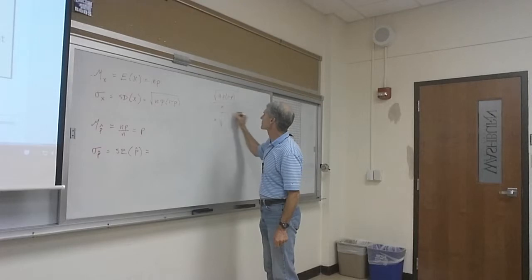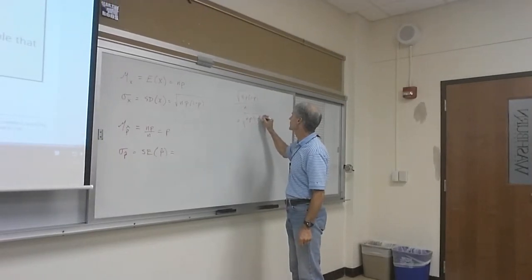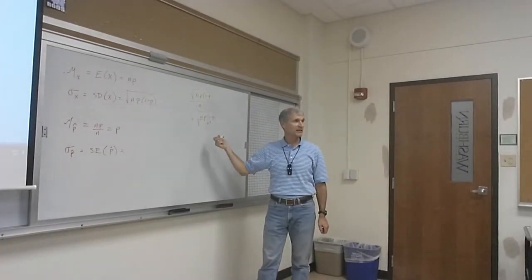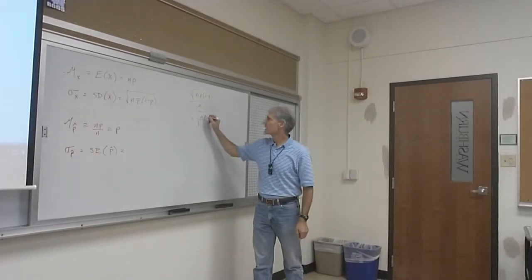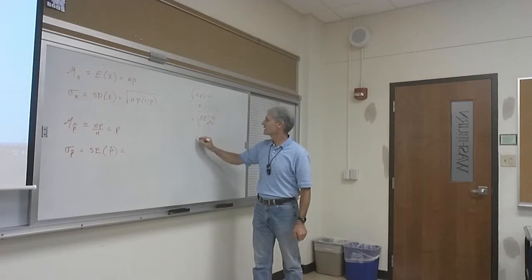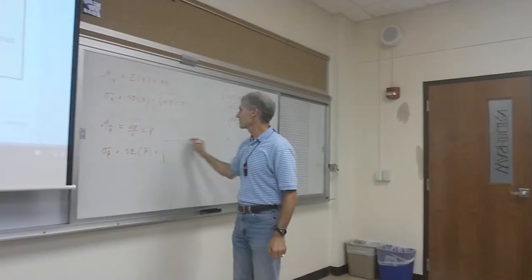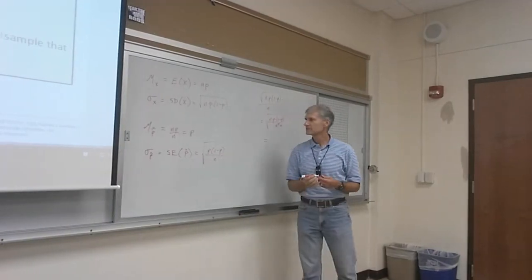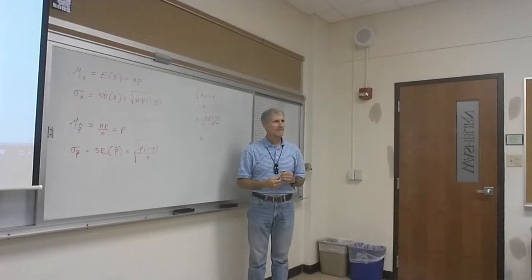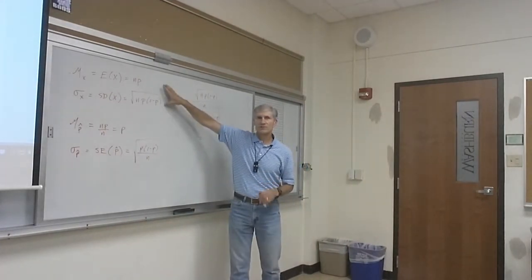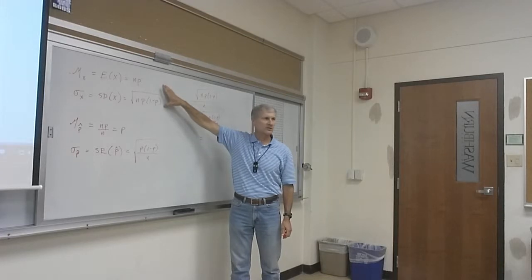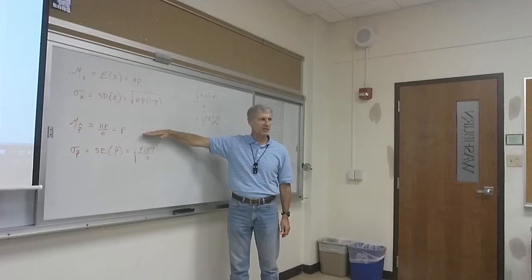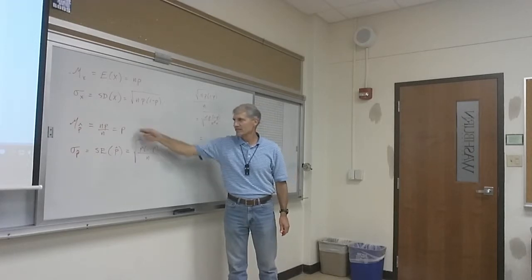So this is equal to the square root of n p (1 minus p) over n squared, all inside. Now what can I do with the n's? Cancel one of them, and I get the square root of p times (1 minus p) over n. So if x is binomial, we know these things are true. Then if we take the number of successes and divide by the sample size, we get the proportion of successes. It must have these two properties.